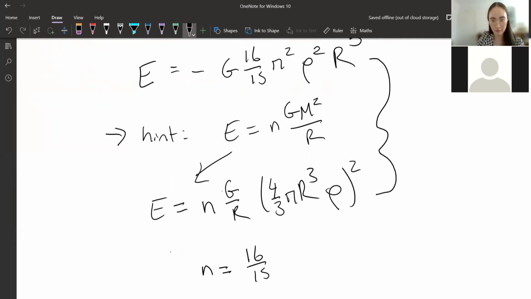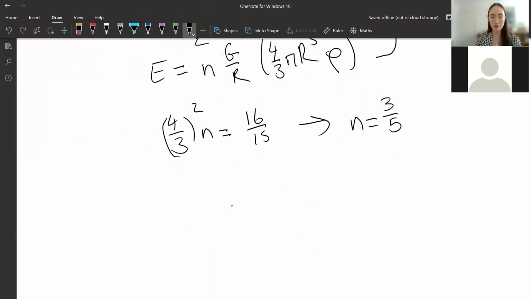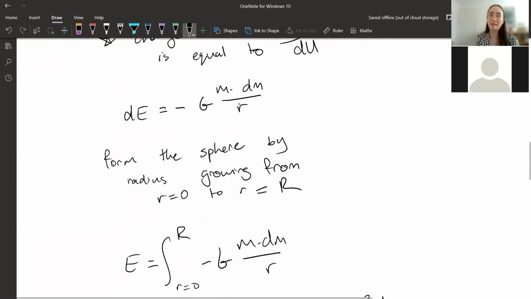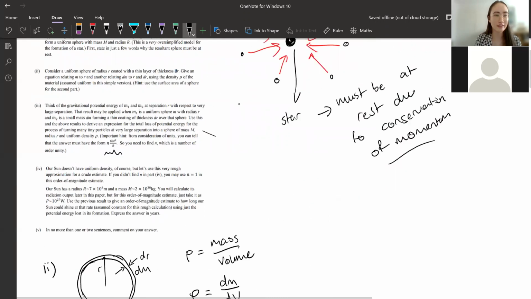And we've got another term of 4 on 3 squared for this equation. And that results in n is equal to 3 on 5. So using the form that they gave us in that question, E is then 3 on 5 g m squared on r. Boils down to a nice little expression, doesn't it?